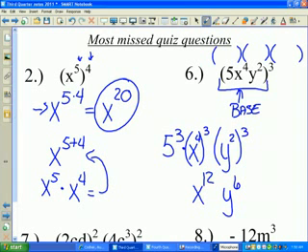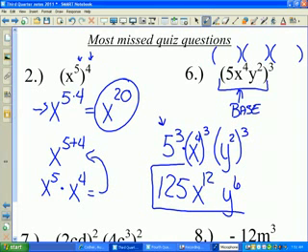But what they did forget was to give me my answer of 5 raised to the 3rd power, which is simply 5 times 5 times 5, or 125. So if you're going to raise everything in the parentheses, make sure everything is being raised to that 3rd power.